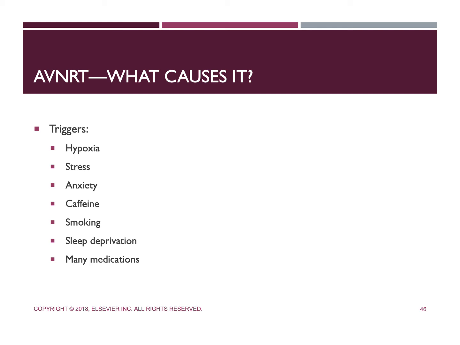Some things that could possibly trigger AVNRT are hypoxia, stress, anxiety, caffeine, smoking, sleep deprivation, and many different types of medications as well. AVNRT can cause angina or even myocardial infarction, or MI, in patients with CAD as well.